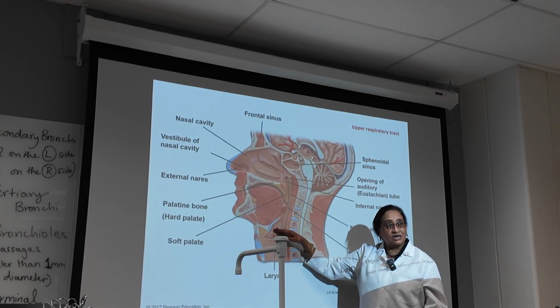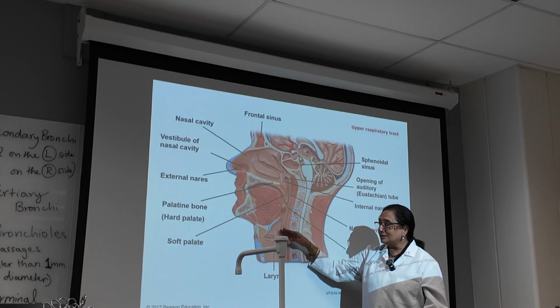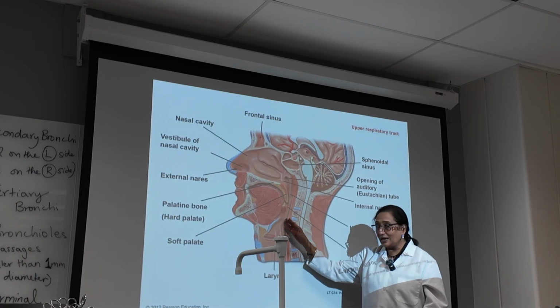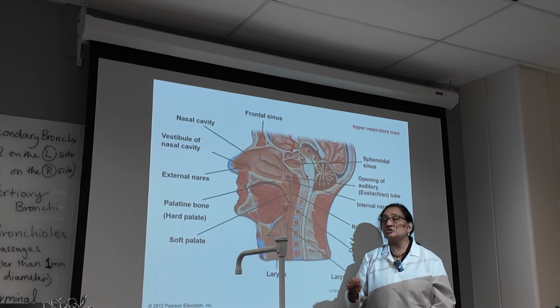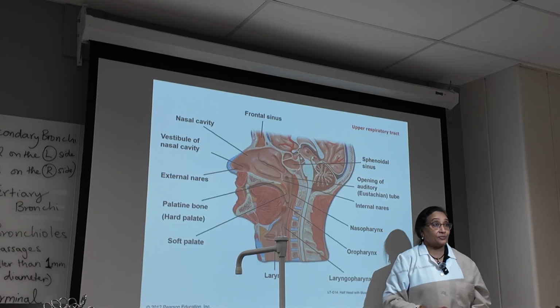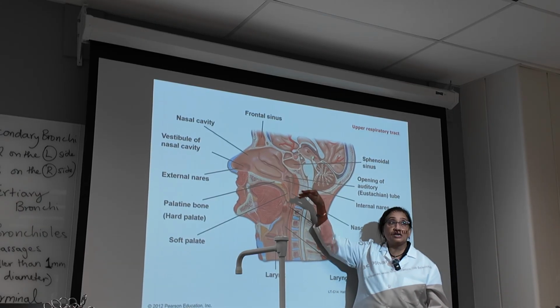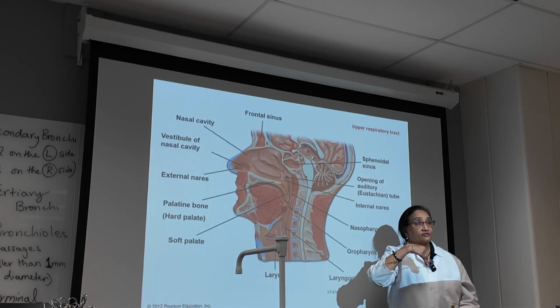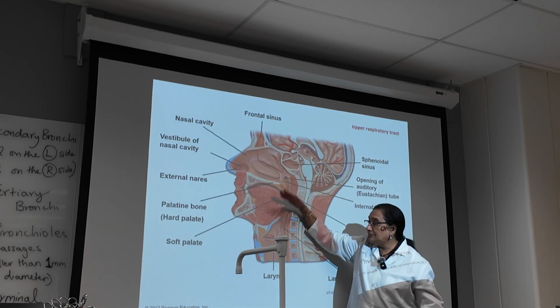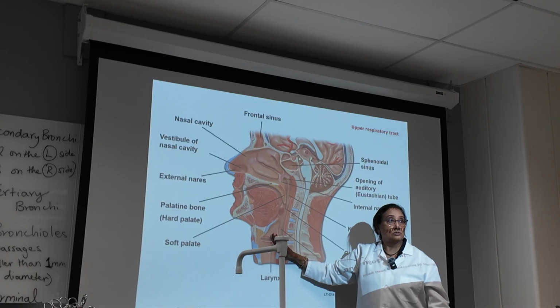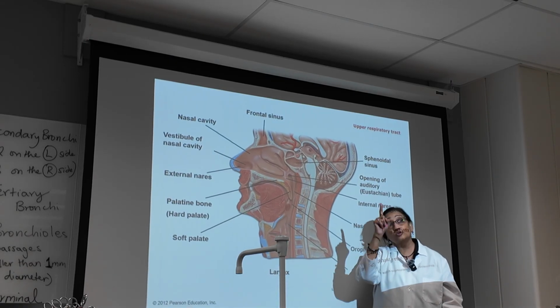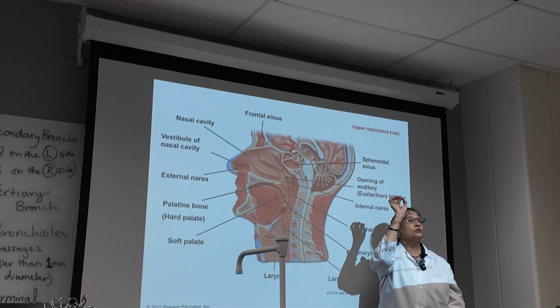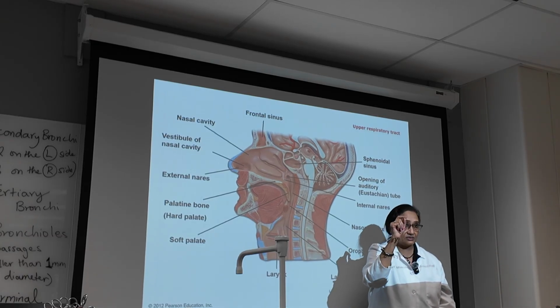At least sometimes, if the epiglottis doesn't fall back, things can get into your respiratory passage. But this is something we don't realize. But every time you swallow, while you're speaking, you swallow saliva, this is happening. This goes up, this comes down. So this is a reflex that is coordinated by neurons in the medulla oblongata, the swallowing reflex.